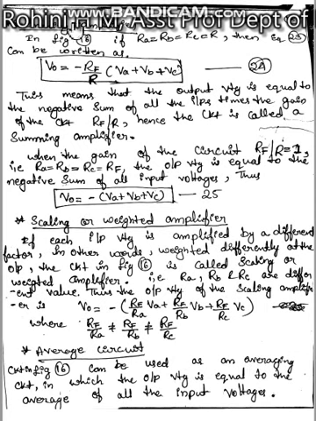Thus the previous circuit can be used as an adder circuit to sum the voltages, and it is also called a summing amplifier. This means that the output voltage is equal to the negative sum of all the inputs times the gain of the circuit, RF by R. Hence the circuit is called the summing amplifier.